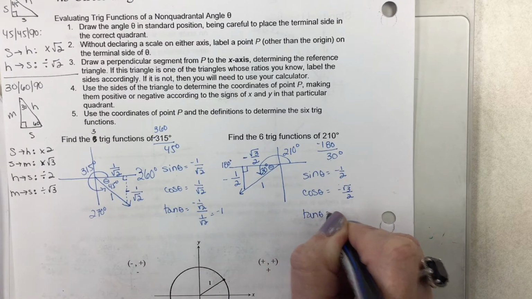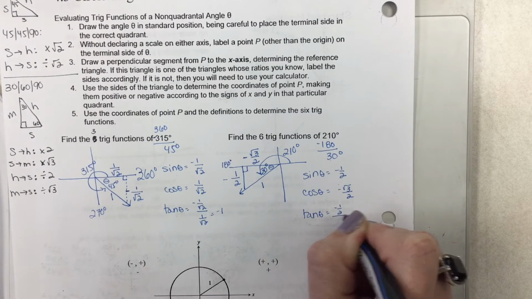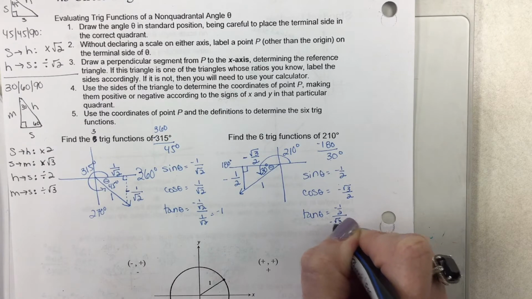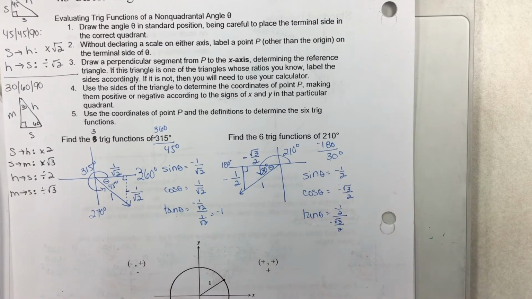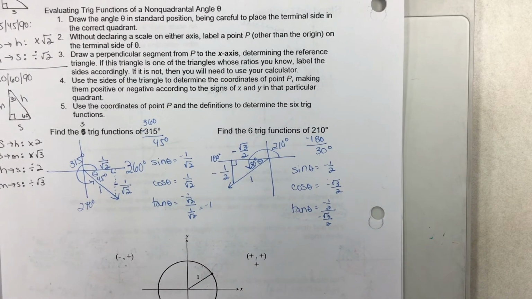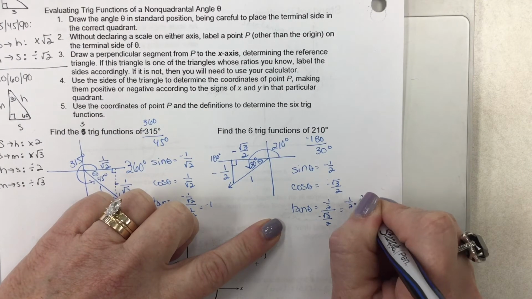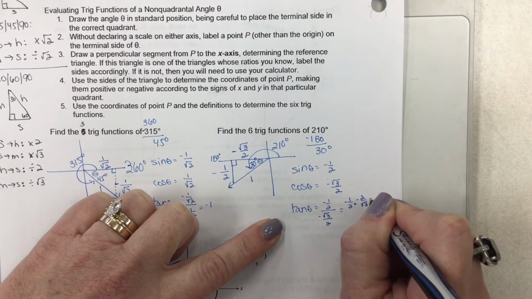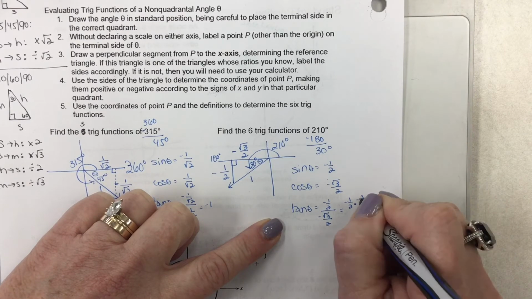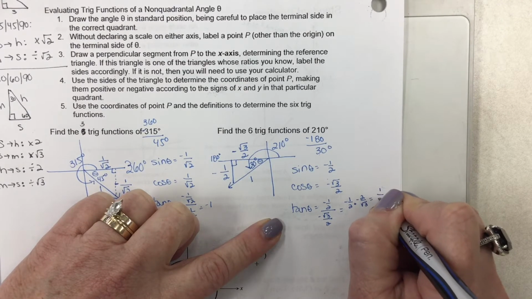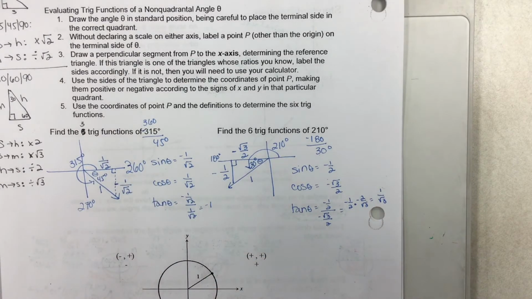Tangent theta is sine over cosine, or opposite over adjacent. If I divide by a fraction, it's the same thing as multiplying by the reciprocal. The 2's cancel, so I'm left with 1 over root 3.